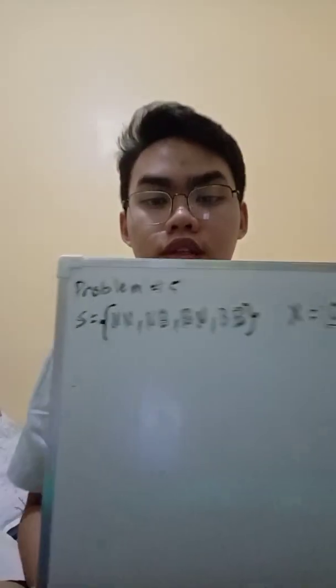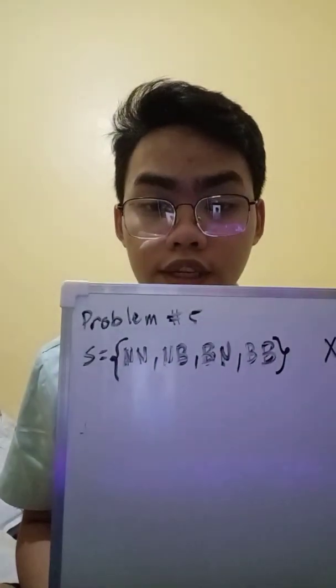For our last sample point, we might get 2 blues if we draw from the box, so we can get B and B. So our sample space looks like this.